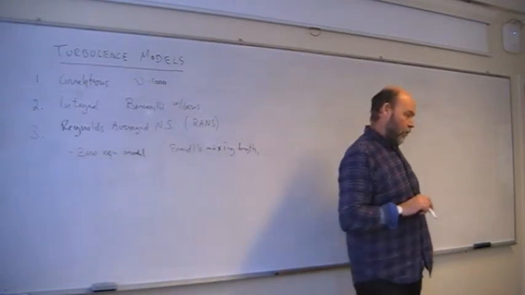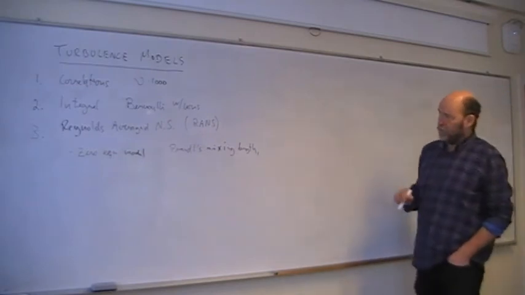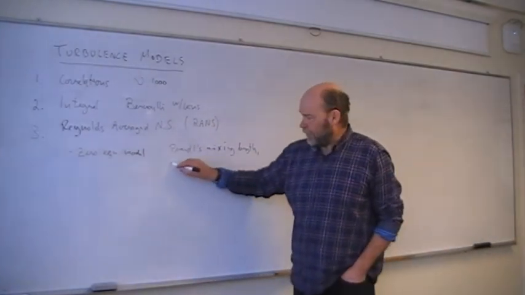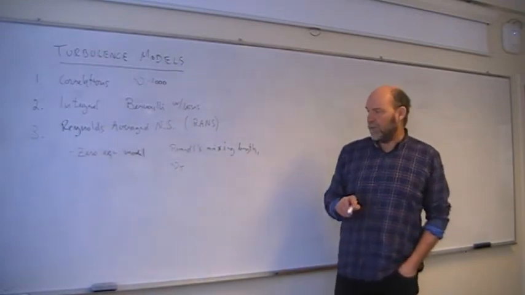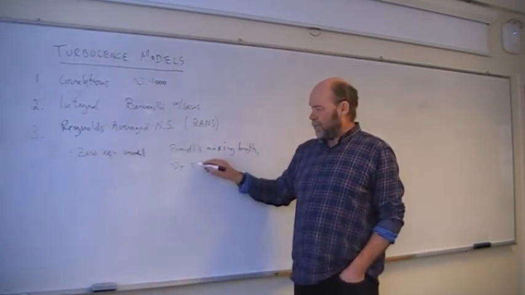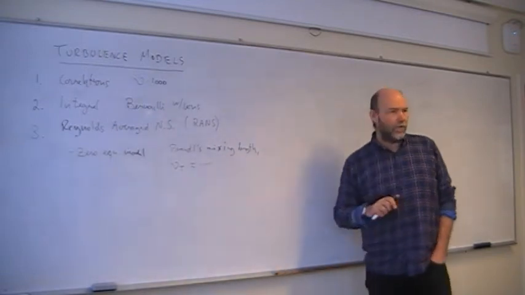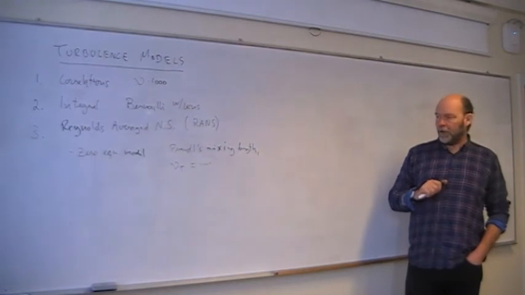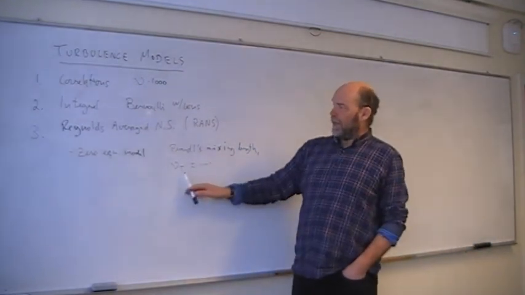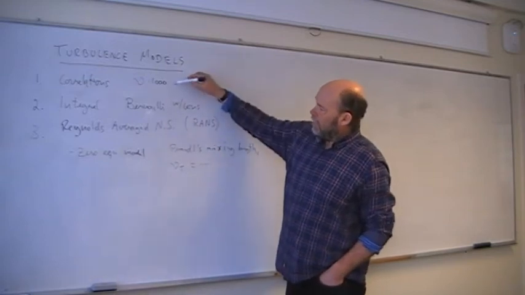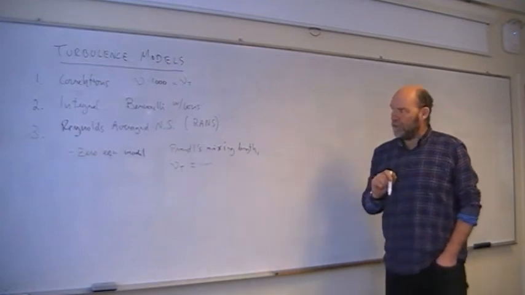Cebeci-Smith, you have a whole bunch of these, which will typically create a turbulent eddy viscosity for you, equal to something already known in your problem, like a velocity gradient. So nu t, sort of an eddy viscosity.